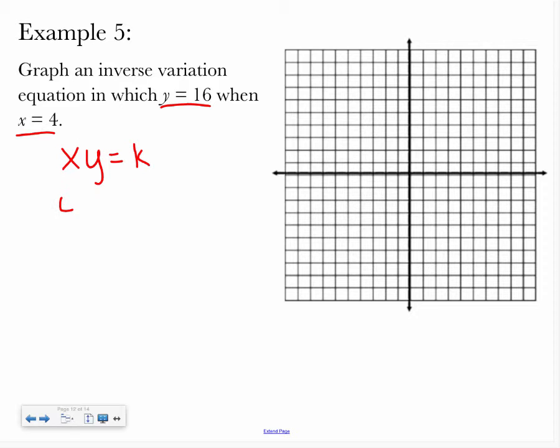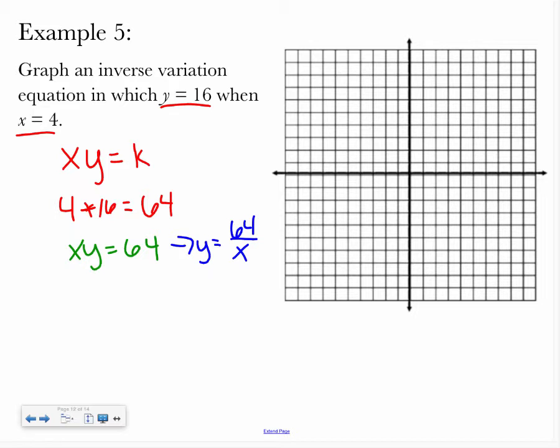So if we do 4 times 16, we are left with 64 as our k. That means xy equals 64. And if we solve for y, this becomes y equals 64 over x.